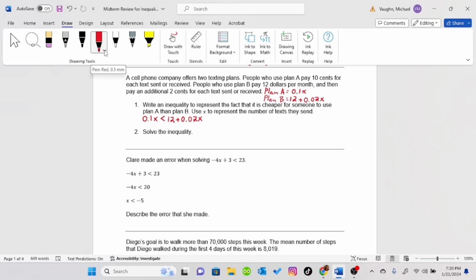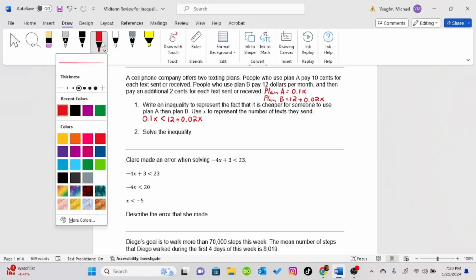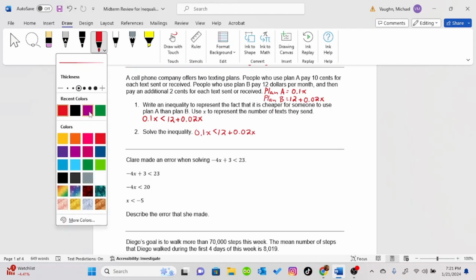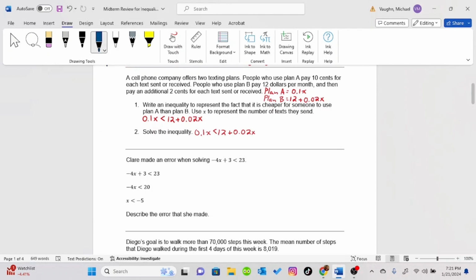For number 2, they want us to solve this. So we could start with 0.1x less than 12 plus 0.02x. We're going to move the x to one side by subtracting 0.02x from both sides.